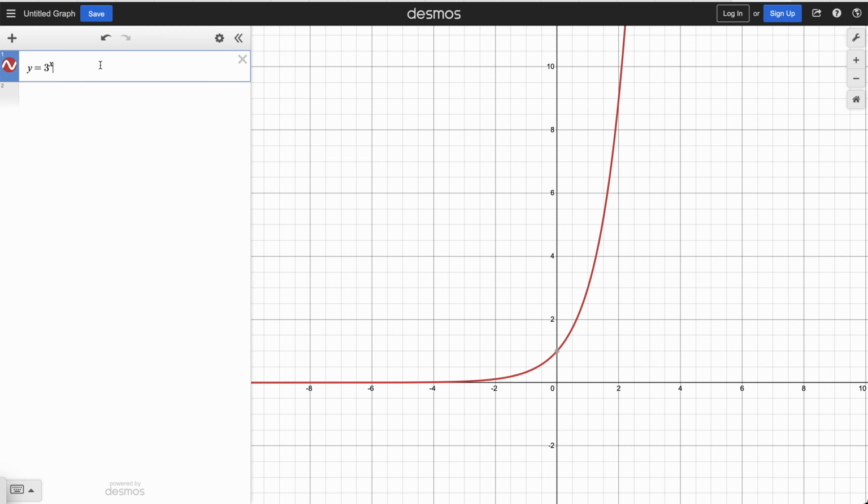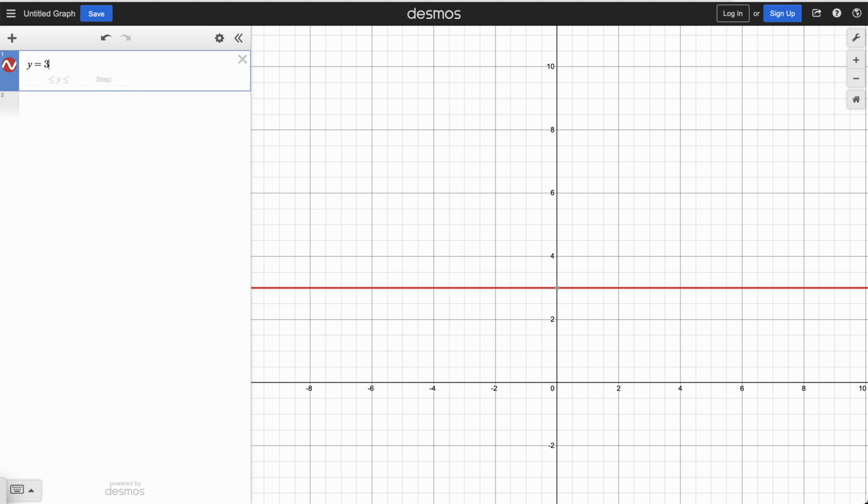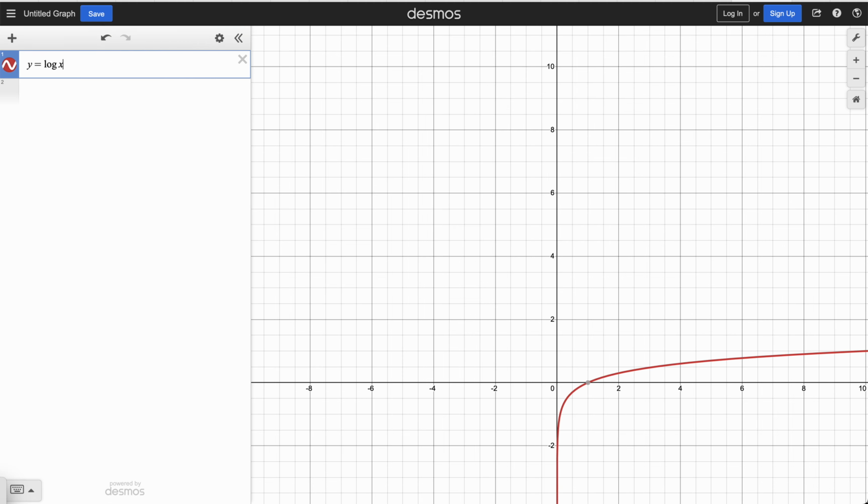So I really suggest that when you get to these problems and you're working on graphing them, you utilize Desmos to create the graph. Now, logarithms are also tricky. So when I'm doing a logarithm, I can only graph with base 10 in Desmos. Now, what you'll notice is this basically is a mirror of that 3 to the x I just did.